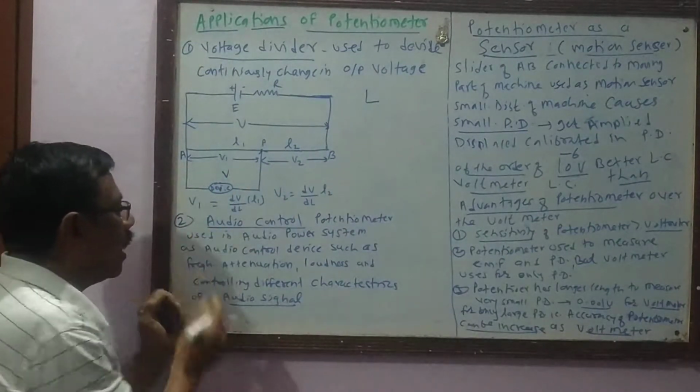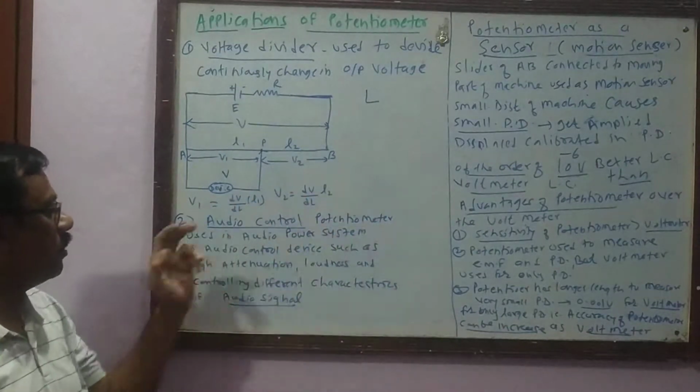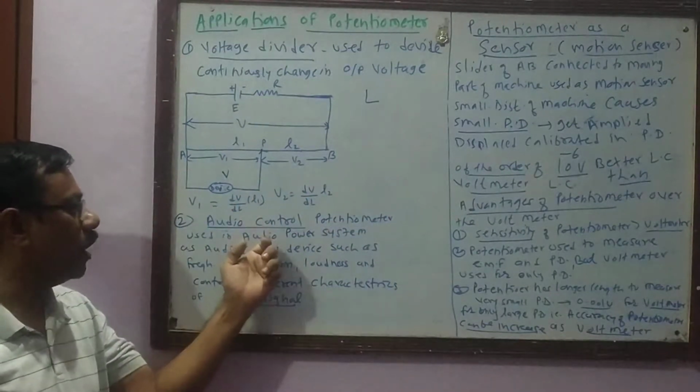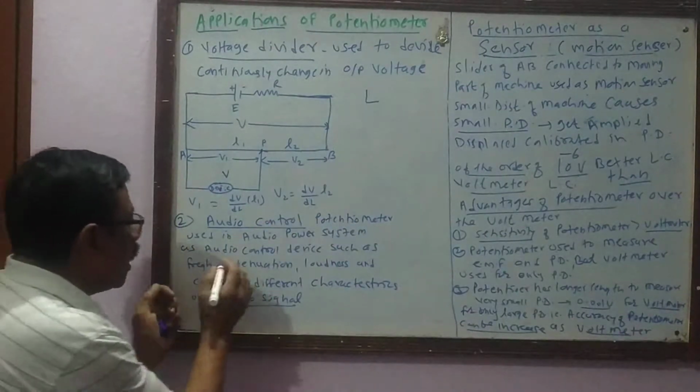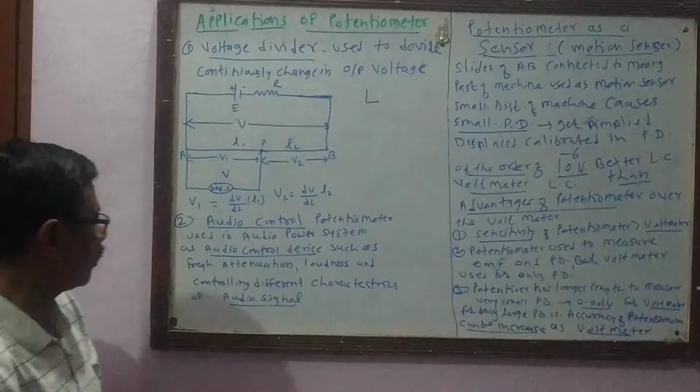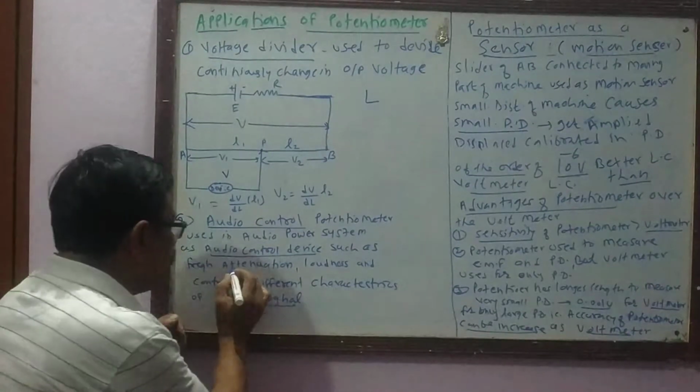Now the second practical application is audio signal. The potentiometer can be used in an audio power system. It can be used as an audio control device, such as for frequency attenuation. What is meant by attenuation?